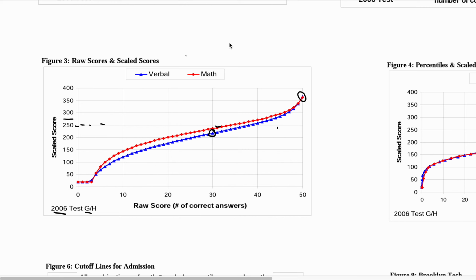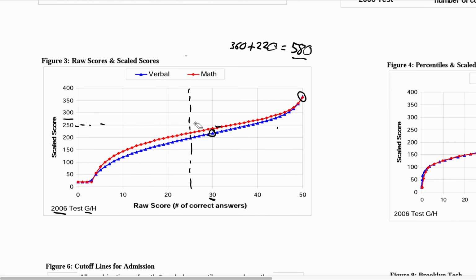Your total score would be 360 on the math plus 220 on the verbal, and that's 580, right? That's good enough to get into basically any specialized school that you want, even though you're doing pretty mediocre on the verbal. You're only doing slightly better than average, right? Because remember, the average was like 25.